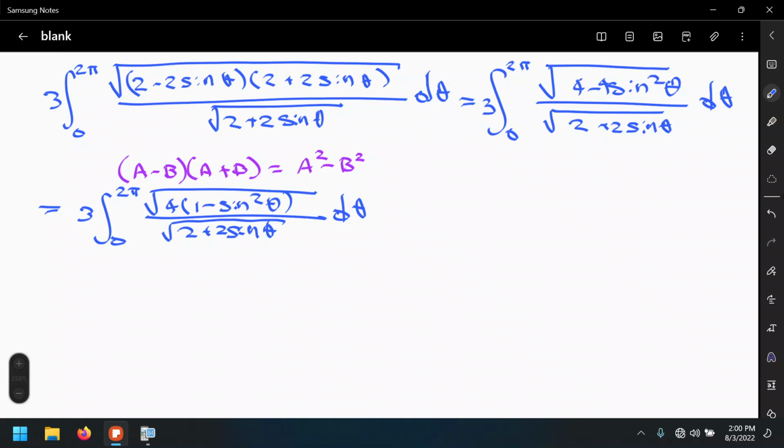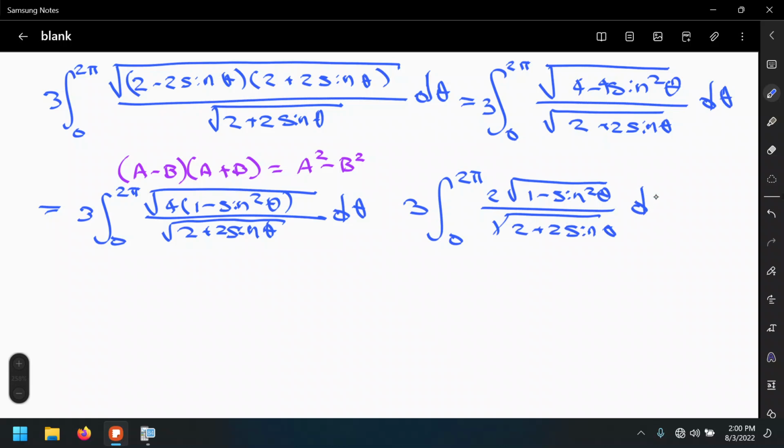We can take the square root of 4, which is a 2. And then what is 1 minus sine squared? It looks like we're making the integral even more complicated than it initially was, right? However, using the trigonometric identities, trust me, this is going to be pretty simple, you'll see.